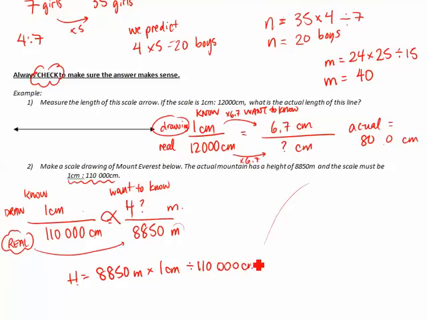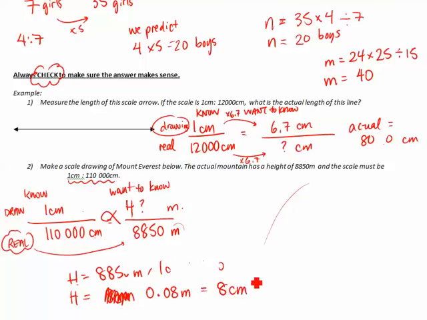And so after we solve all that, it's a little bit tricky. After you solve for the height, you get an answer of 0.08 meters, which for drawing's sake you'll convert to centimeters, and you get 8 centimeters.